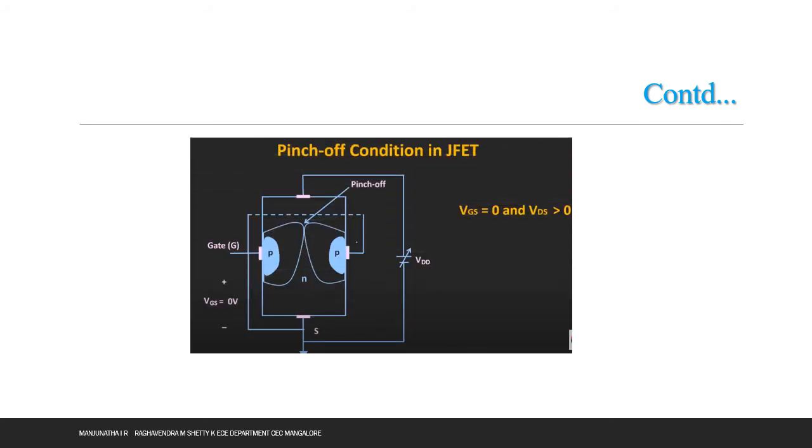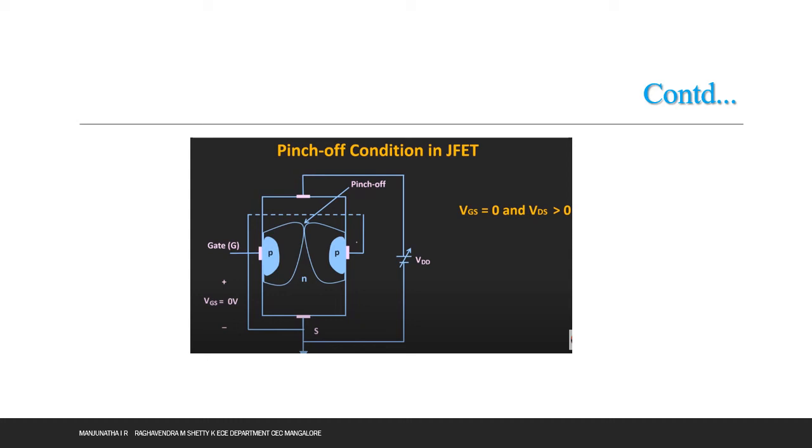Next, about the pinch off condition in a JFET. If we observe the figure, we have considered an n channel JFET, and since there is no VGG, there is no VGS, so it satisfies the drain characteristic curve.